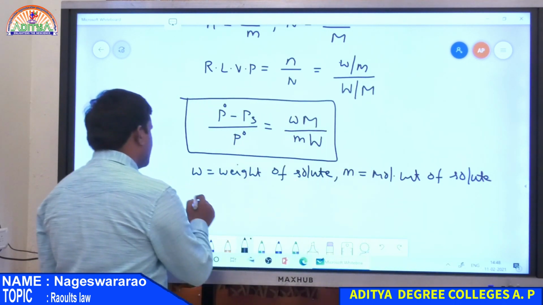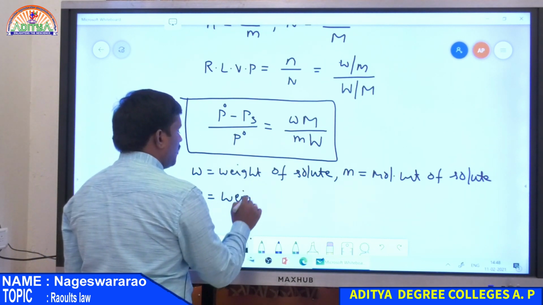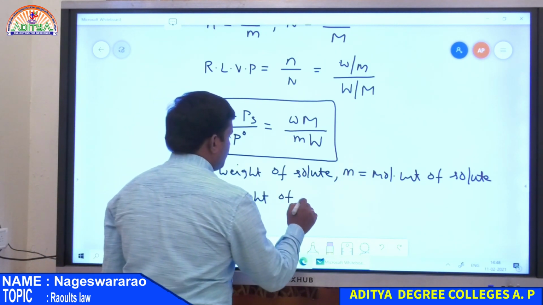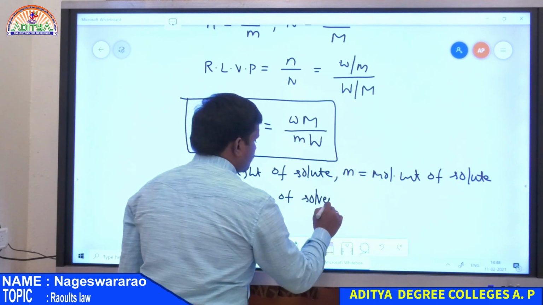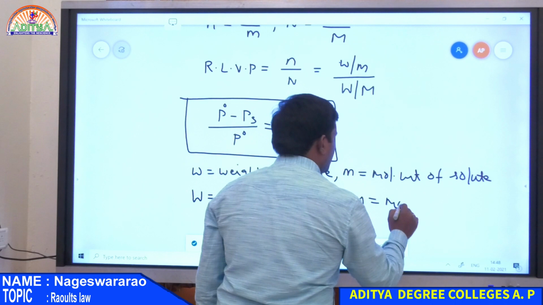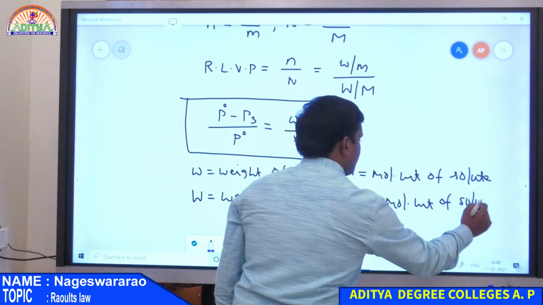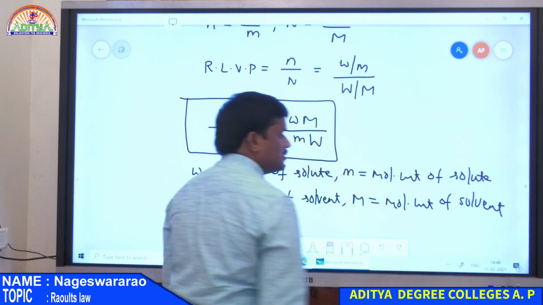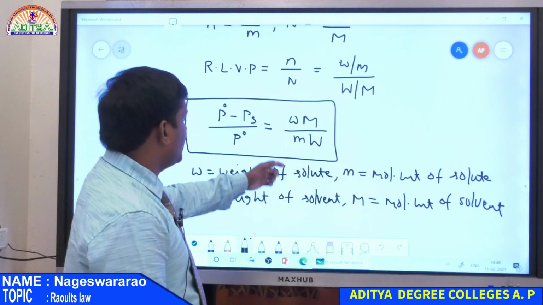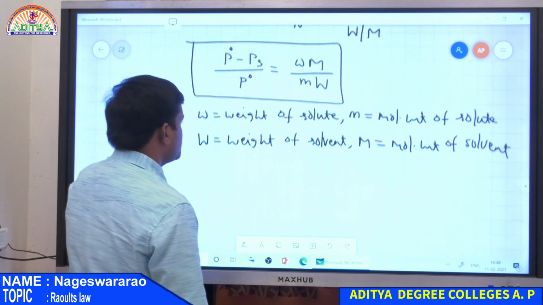Similarly, capital W is the weight of solvent, and finally capital M is the molecular weight of solvent. So from this equation we can derive the small m value, that is the molecular weight of the solute.